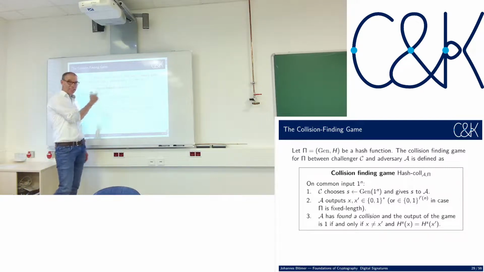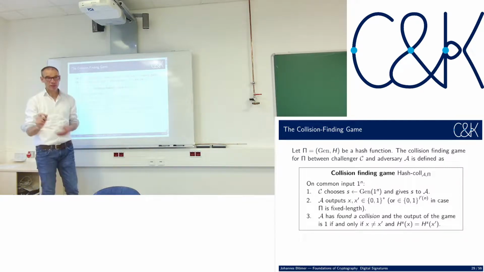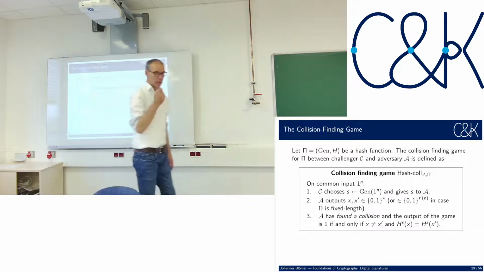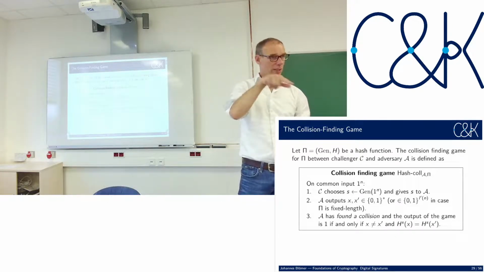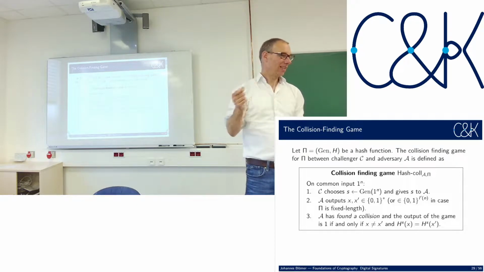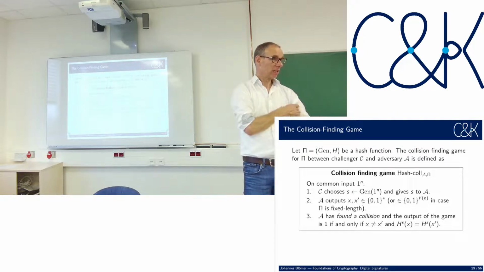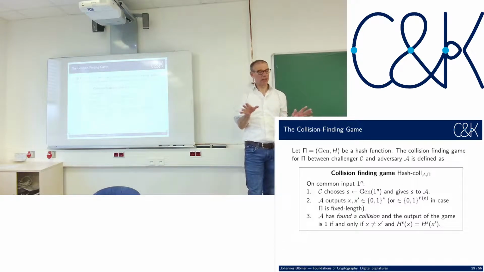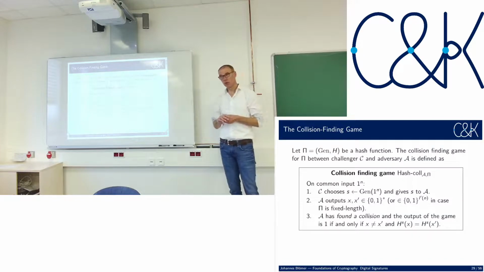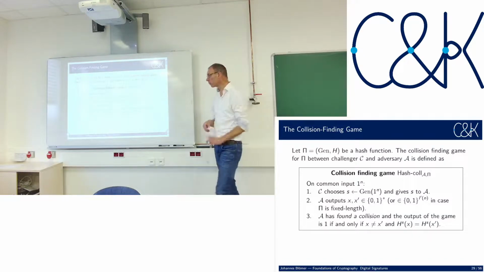Here, the key is given to the adversary. In public key cryptography, the public key is given to the adversary. Here, really, the key is given to the adversary. There is no secret key in hash functions. The key is known to everybody, in particular to adversaries.